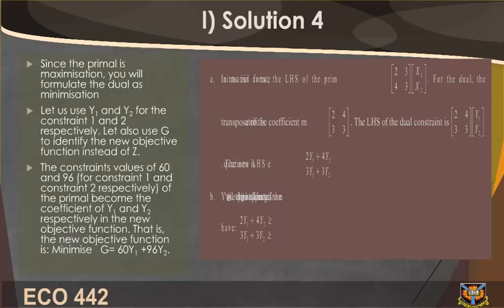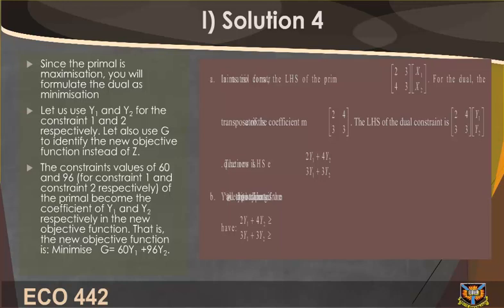Let's also use G to identify the new objective function instead of Z. The constraint values of 60 and 96 for constraint 1 and constraint 2 of the primal become the coefficients of y1 and y2 in the new objective function. That is, the new objective function is minimize G equals 60y1 plus 96y2.